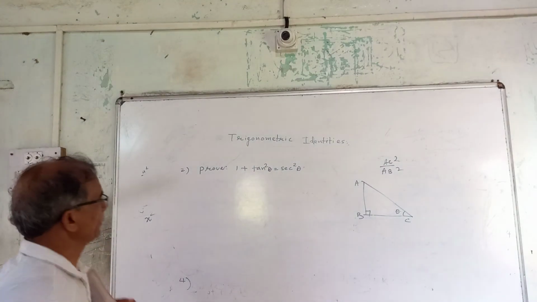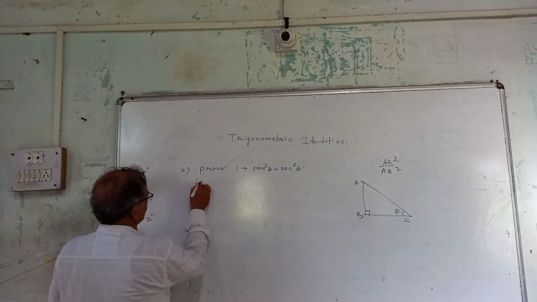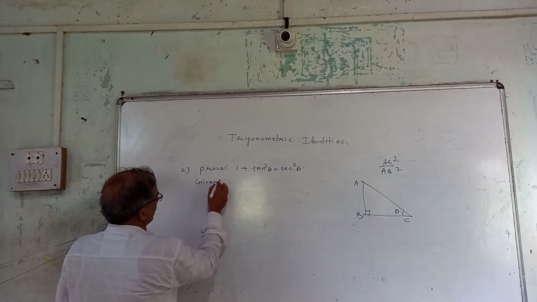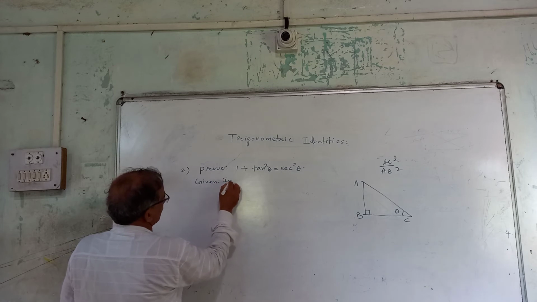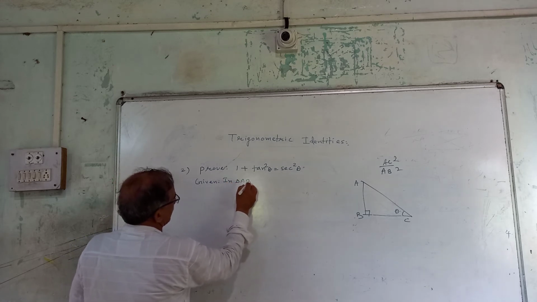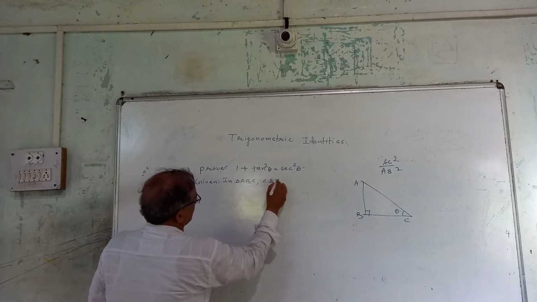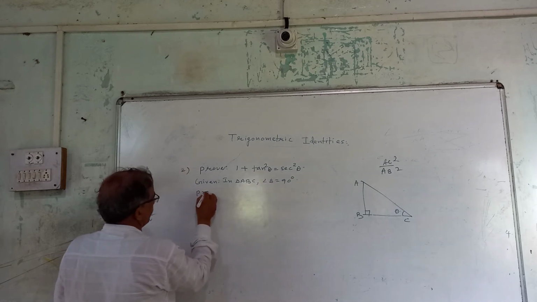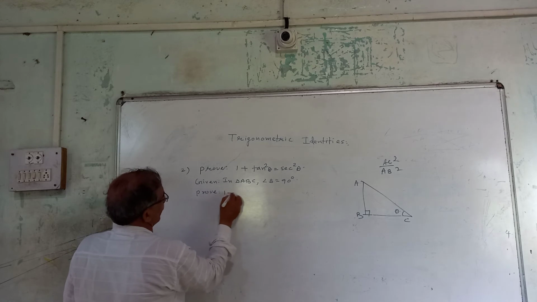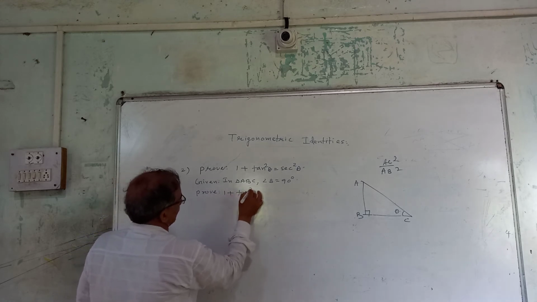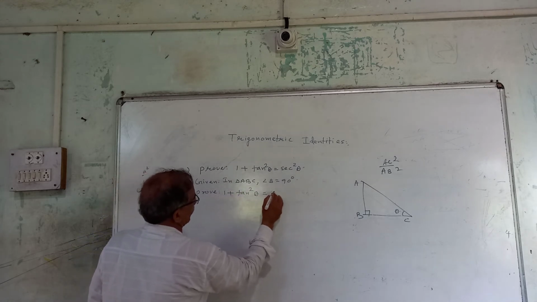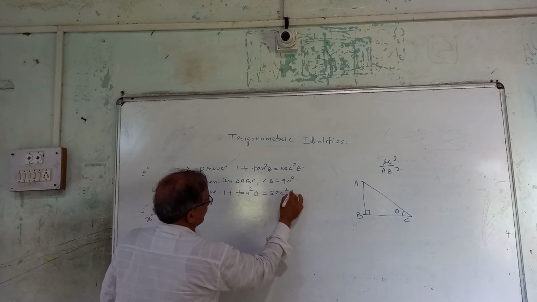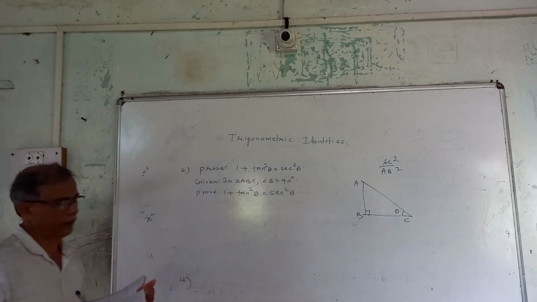Now see here, in triangle ABC, angle B is equal to 90 degree. Prove 1 plus tan square theta is equal to sec square theta. Again now, third identity.